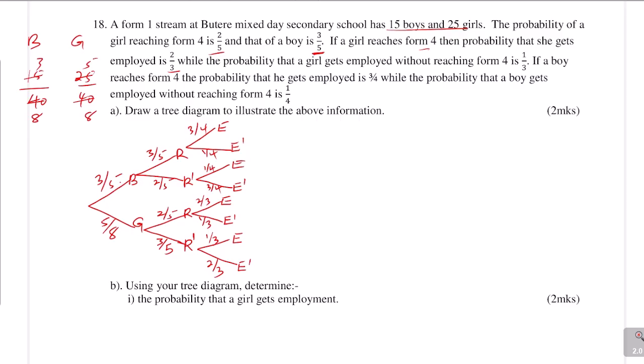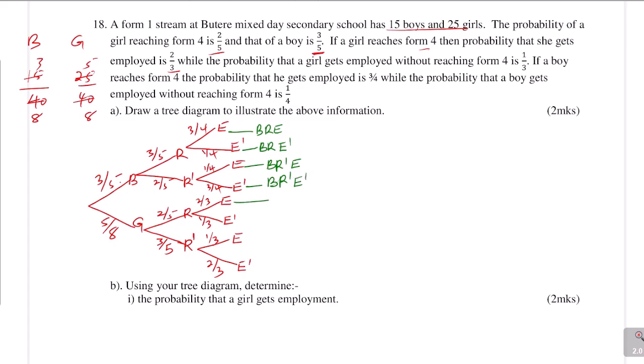From there you can simply list the outcomes to help you work out. Boy reaches Form 4, gets employed. Boy reaches Form 4, doesn't get employed. Boy doesn't reach Form 4, gets employed. Boy doesn't reach Form 4, doesn't get employed.